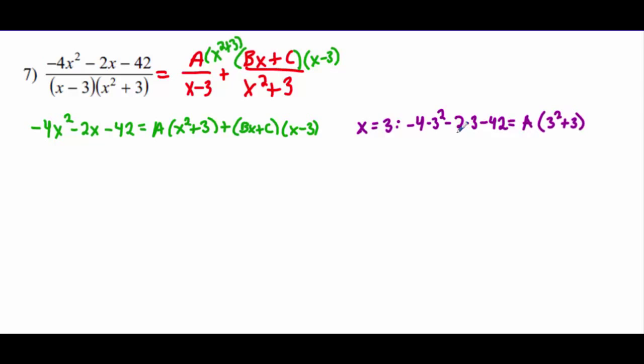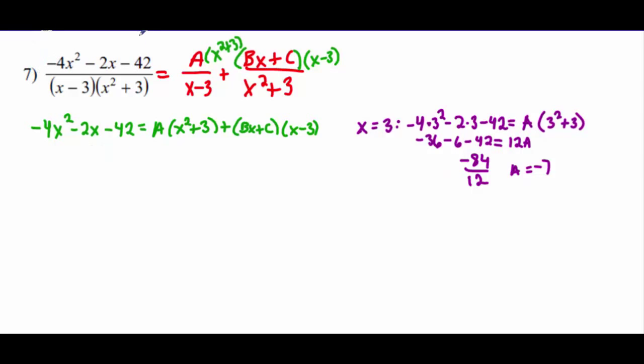If we work out what this is, this is negative 4 times 9, which is negative 36, minus 6 minus 42. That's 9 plus 3, which is 12a. So this is negative 42 and negative 42, which is negative 84, which is divisible by 12 and gives us negative 7.